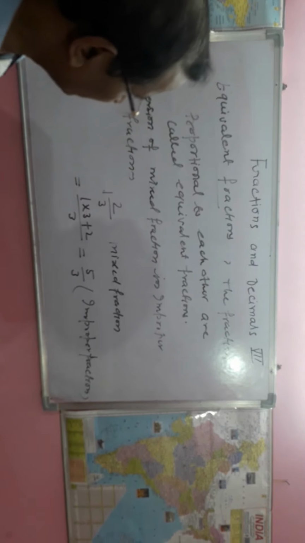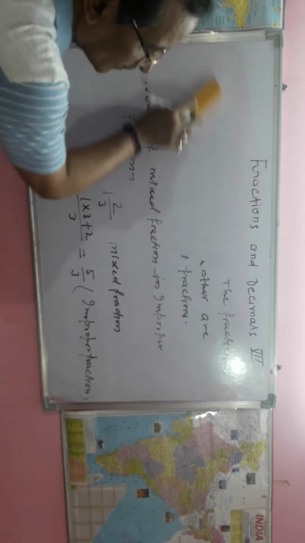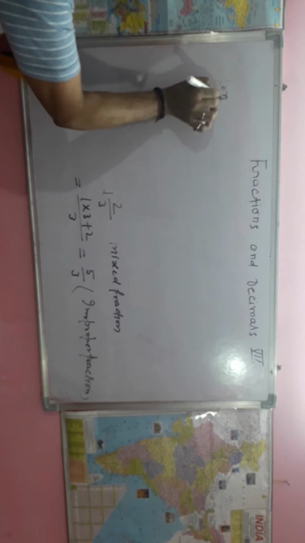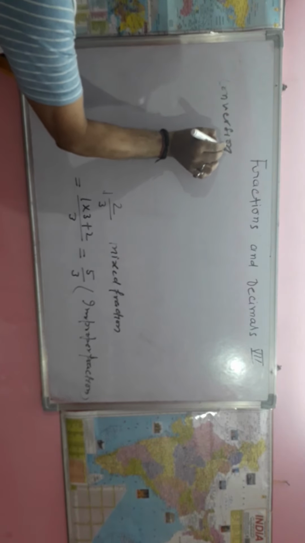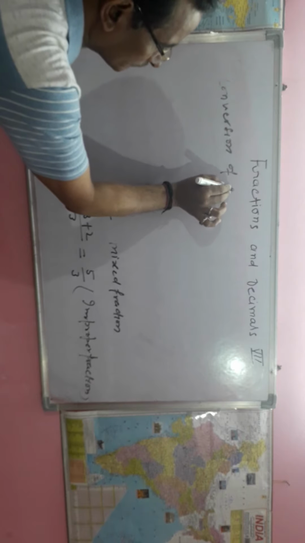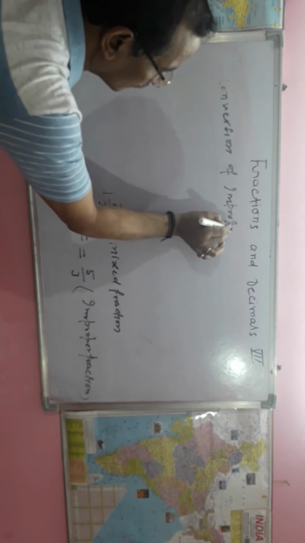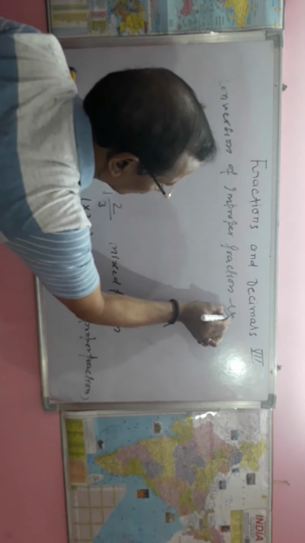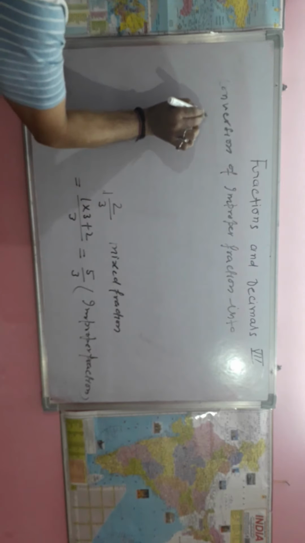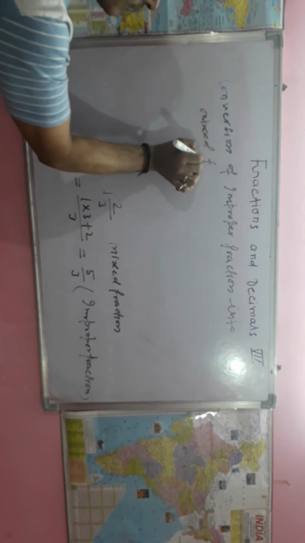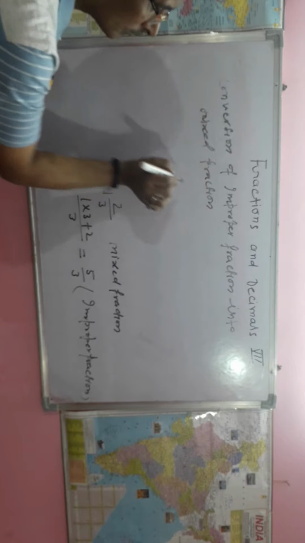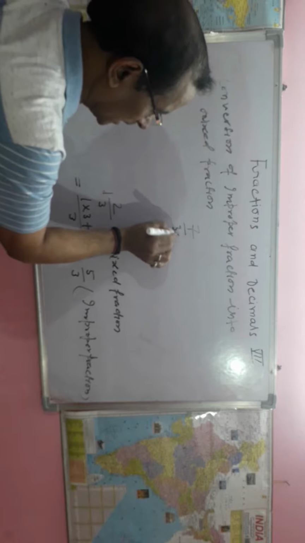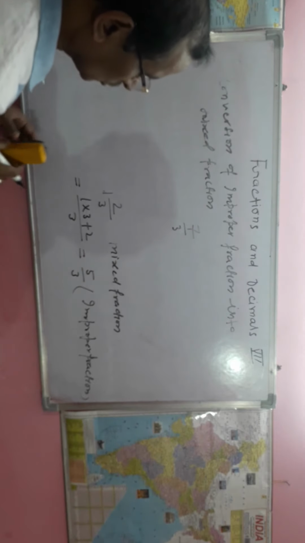In the same way, we take an example of conversion of improper fraction into mixed fraction. Now 7 upon 3, we have to divide.